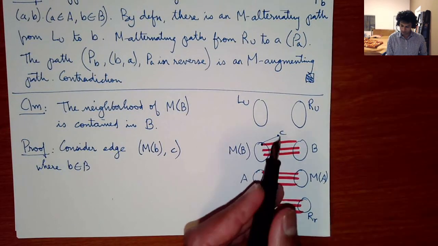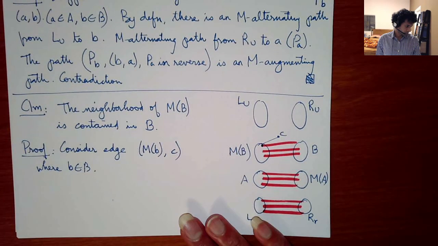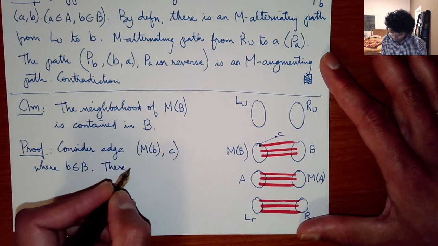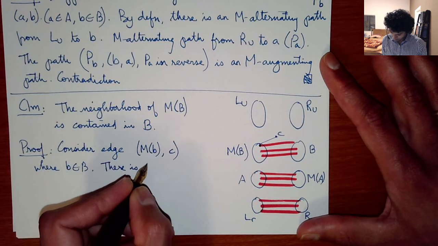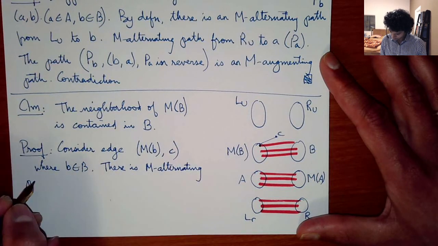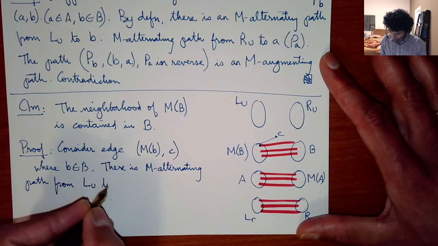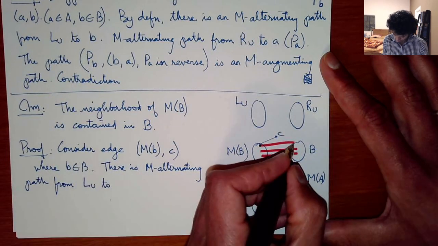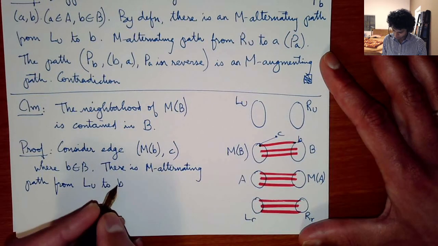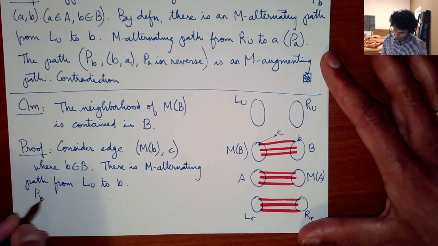I'm trying to understand where c can go. Now, there is an M alternating path from LU to this vertex b, that's the definition of B. Let me refer to this path as PB.